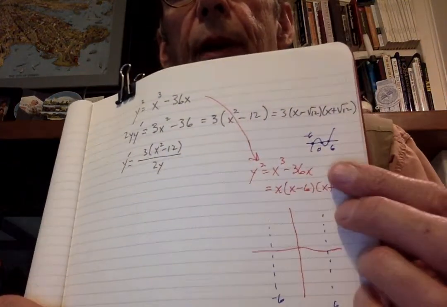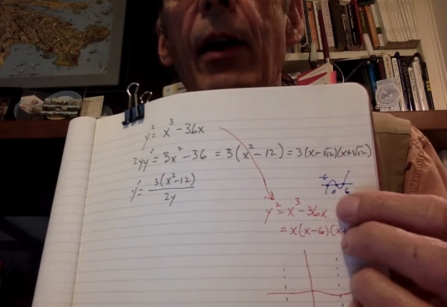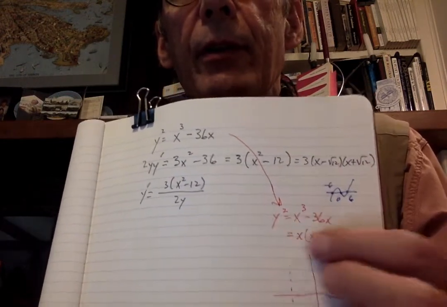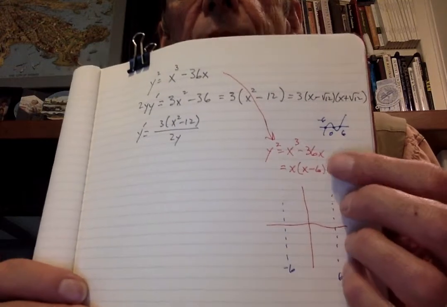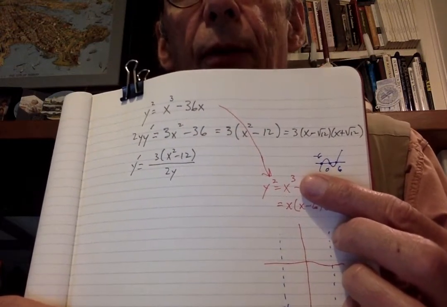So here's the basic shape. All cubics have that shape. And the roots are at minus 6, 0, and 6. You should have studied this in pre-calculus, but you probably didn't. Basic cubic, it's the right side up, and we know what the roots are because it was easy enough to factor. And so now we know where this cubic is negative, there are no solutions.